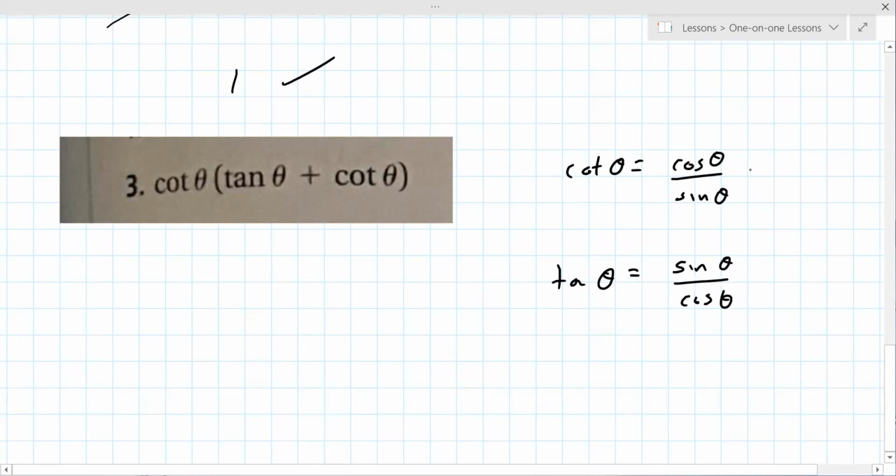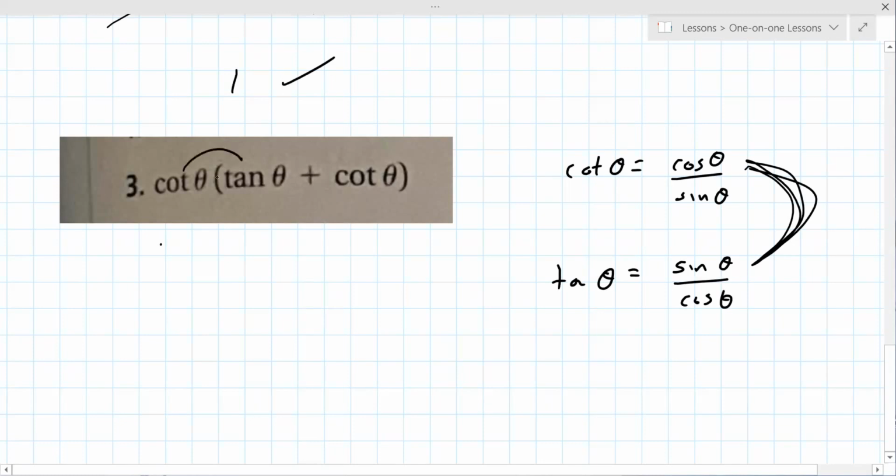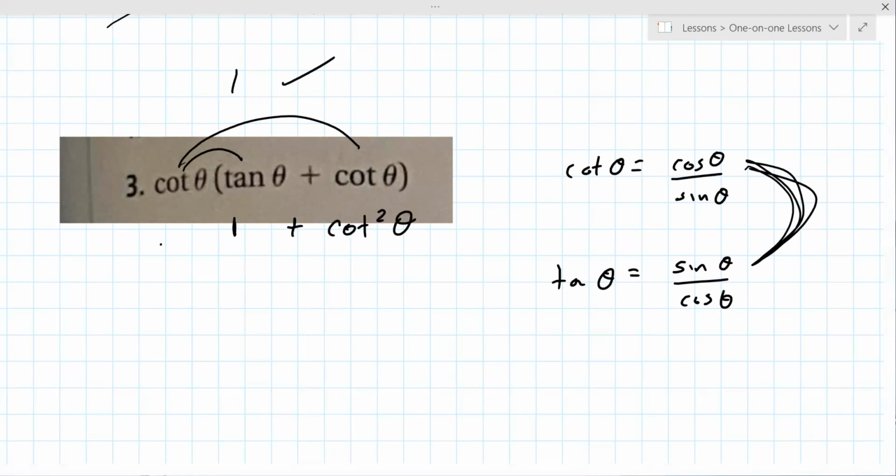If you were to multiply these two together, what would that produce? Do you see that? 1. Yes. So this first part, if you were to multiply this in, you would get a 1 here. Plus, what would this be? Oh, okay. Cotangent squared theta.